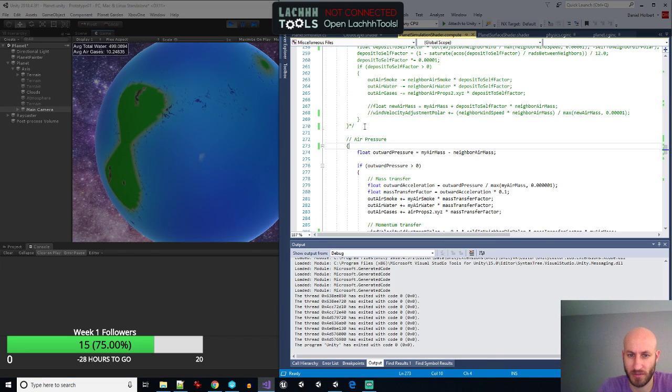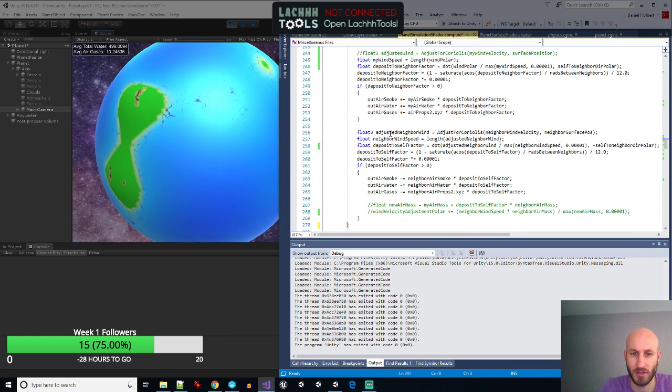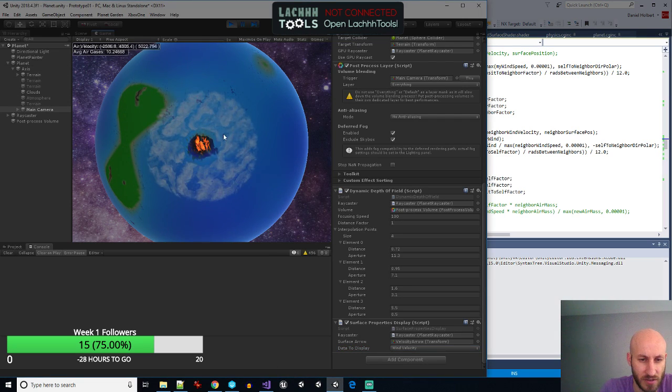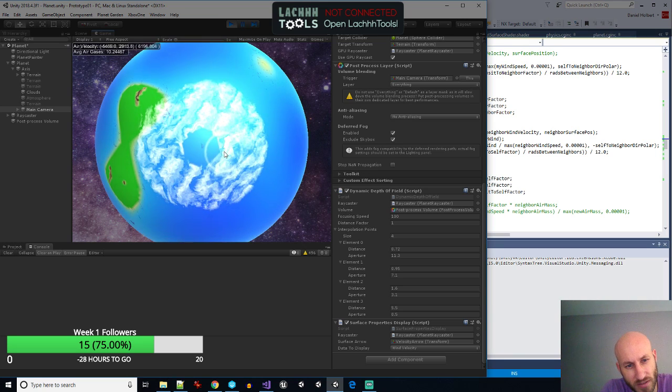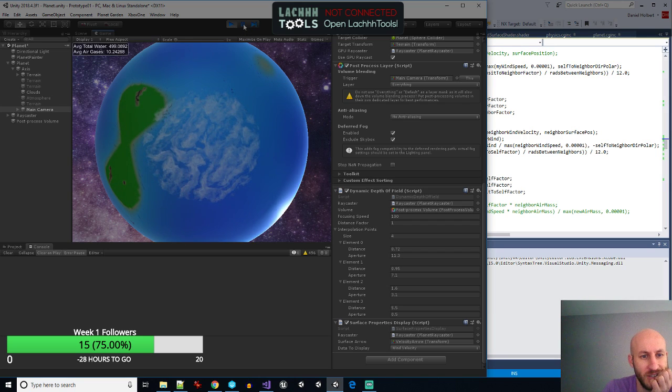So now I'm going to re-enable some of this wind stuff and see what happens when I burn some water. My wind vectors are going in all kinds of crazy directions.